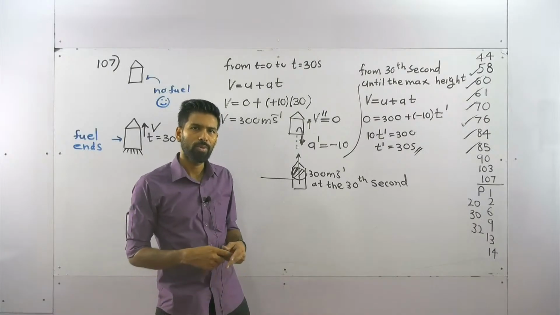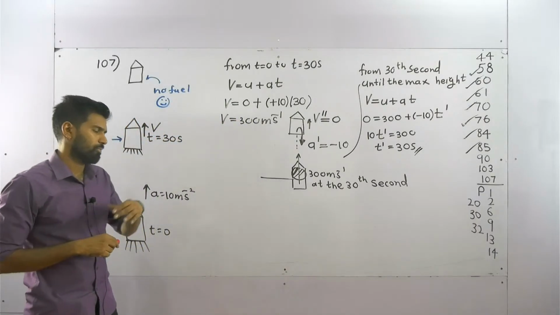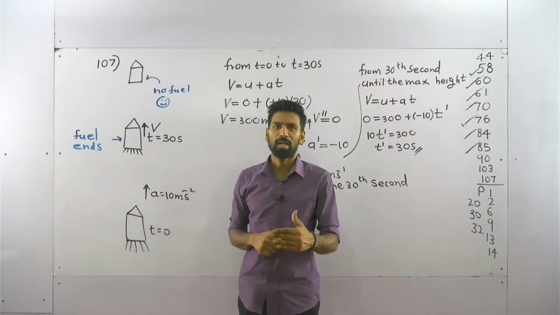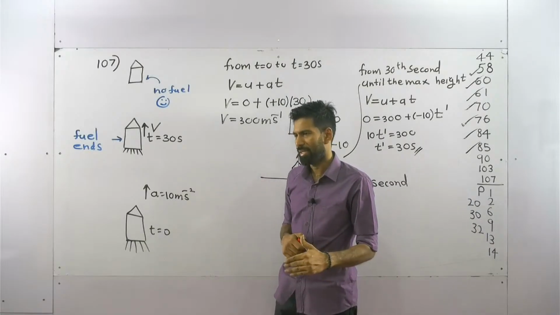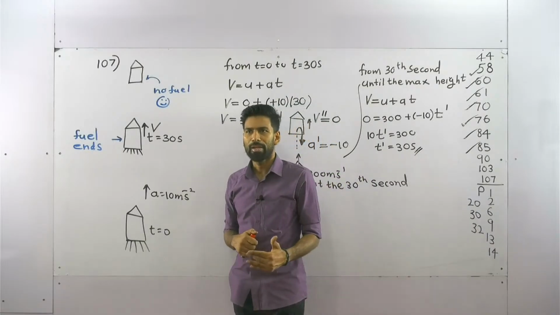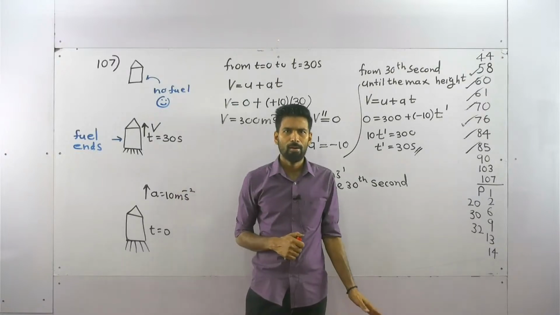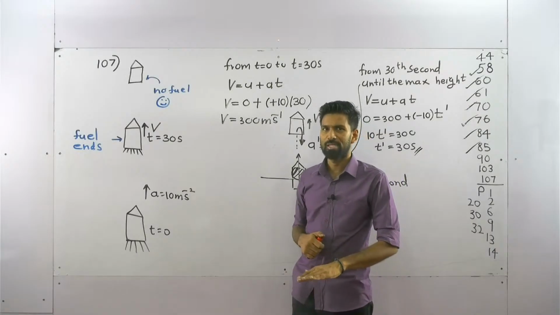Okay, so from the beginning until the 30th second, it had an acceleration of +10 due to the fuel burning process and the force created, and it gained a velocity of 300 meters per second, and from there the fuel is over, and now the only force is the weight.